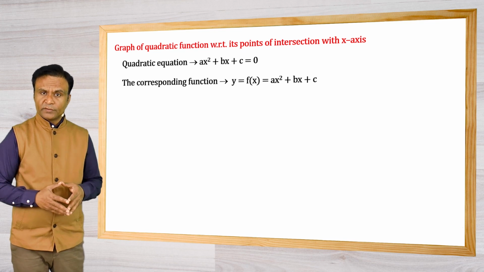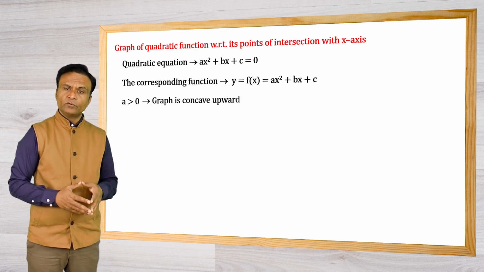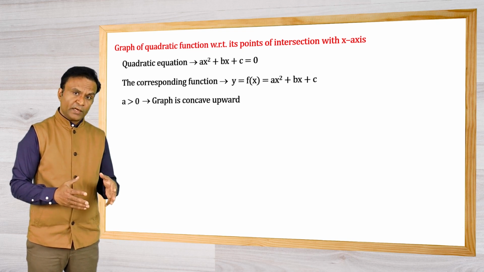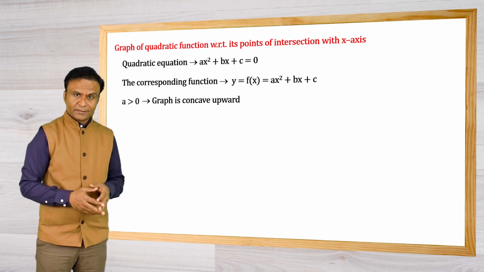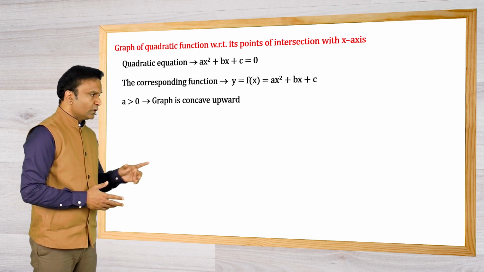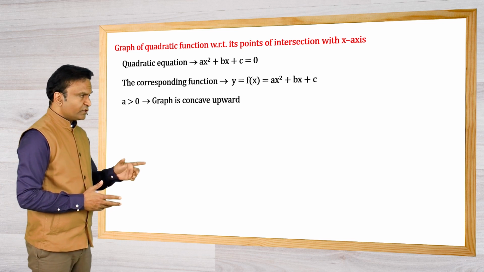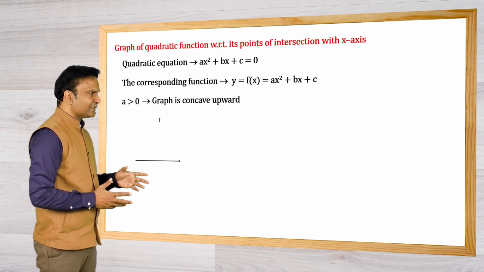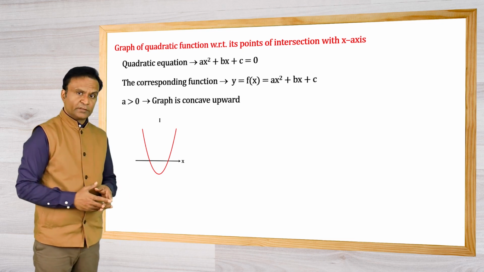If a is positive, the graph is concave upward. Now with respect to the points of intersection with the x-axis of the graph y = f(x), we have these three possibilities. In the first possibility, the graph is intersecting the x-axis at two distinct points, alpha and beta.